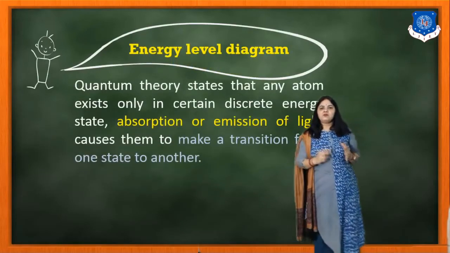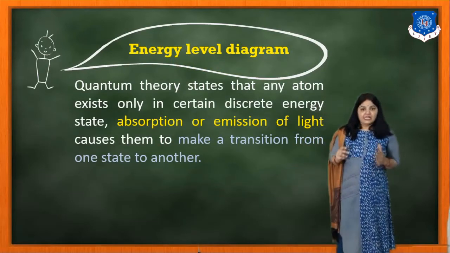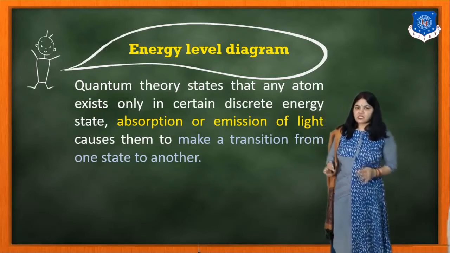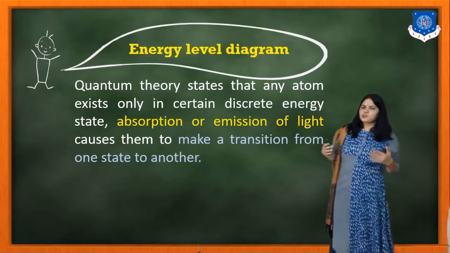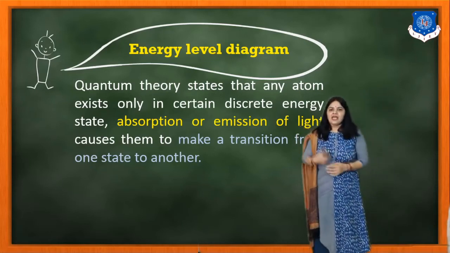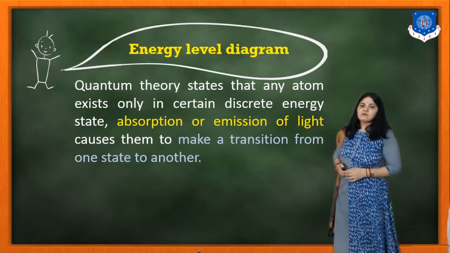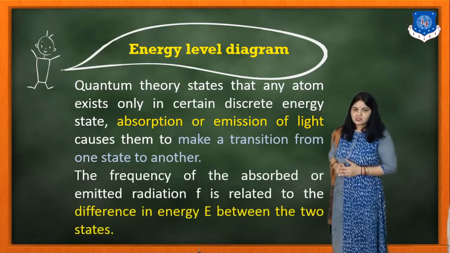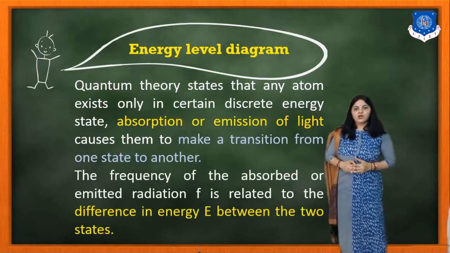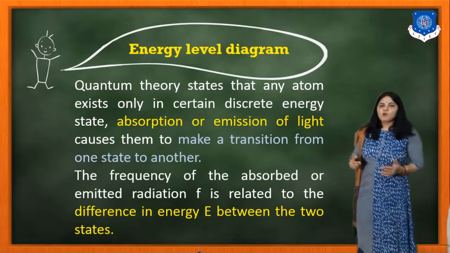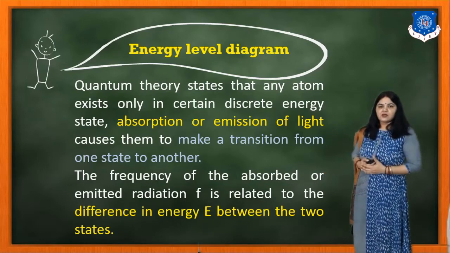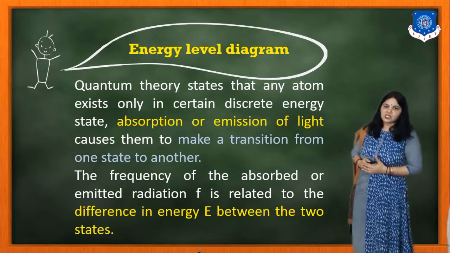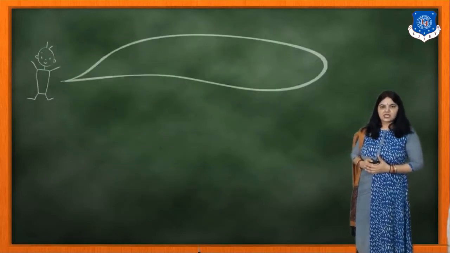The quantum theory states that any atom exists only in certain discrete energy states, and the absorption or emission of light causes it to make a transition from one state to another. The frequency F of the absorbed or emitted radiation is related to the difference in energy between the two states.